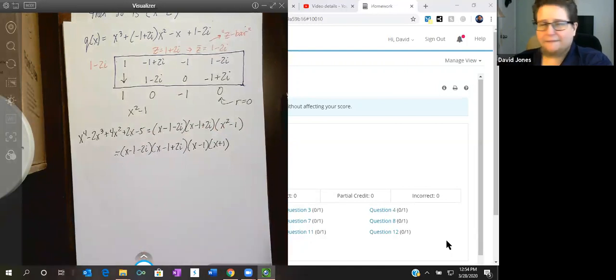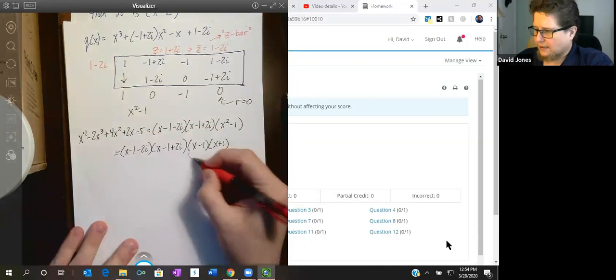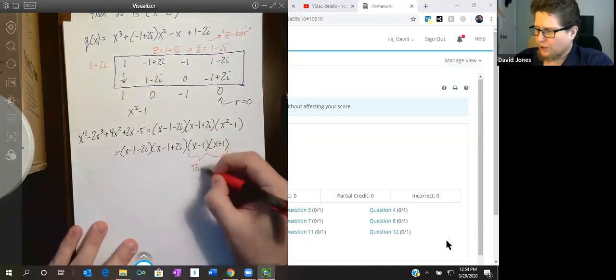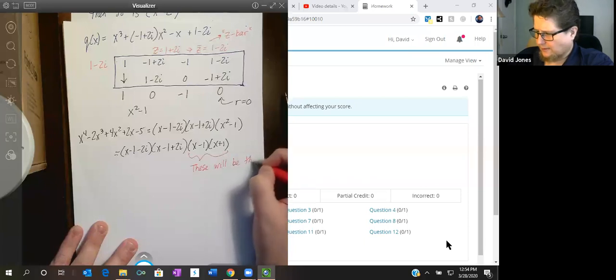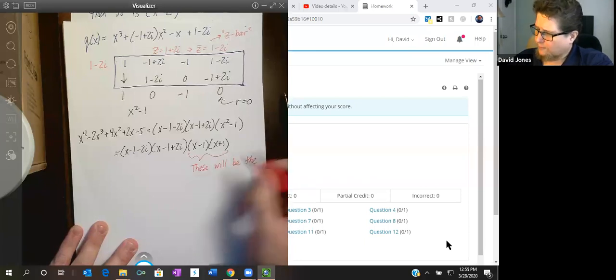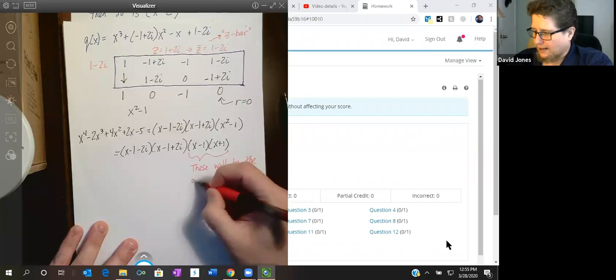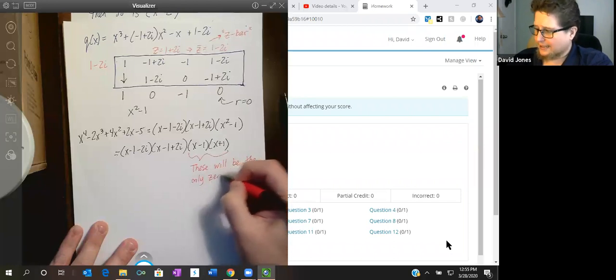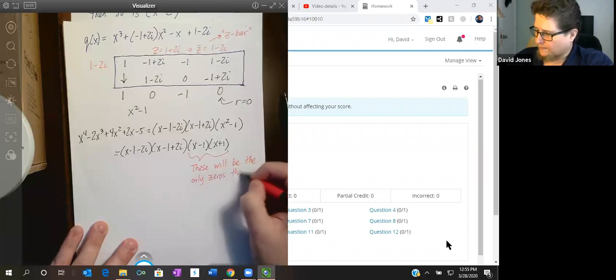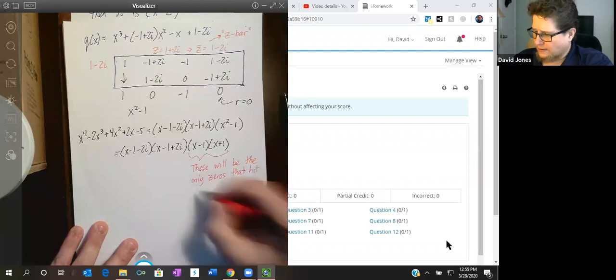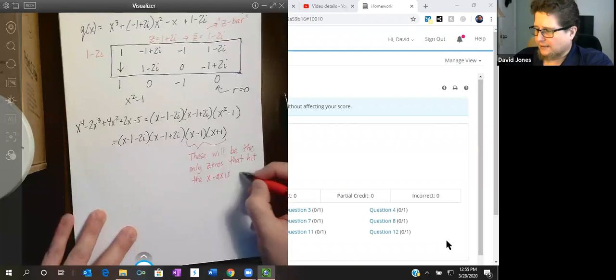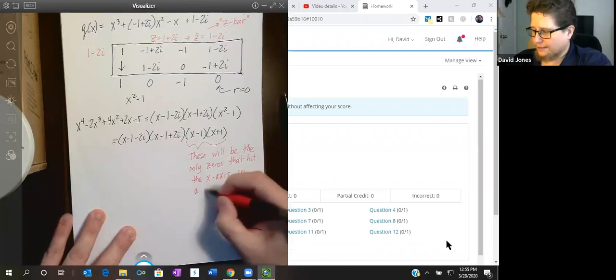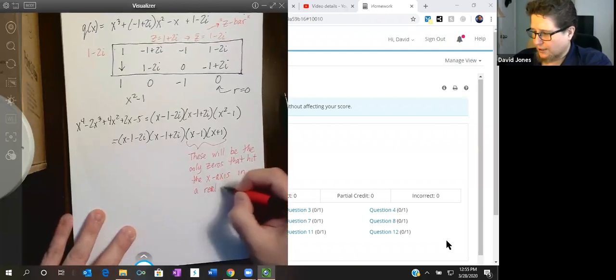When we're graphing, these will be the only zeros that hit the x-axis, in a real number system, which is usually what we're graphing.